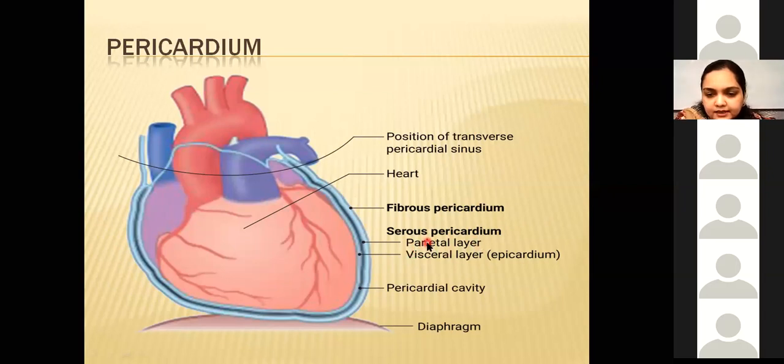Number one, fibrous pericardium, the outermost layer. Number two, serous pericardium. The parietal layer is just beneath the fibrous pericardium, so we can say the fibrous pericardium is adherent to the parietal layer of the serous pericardium.